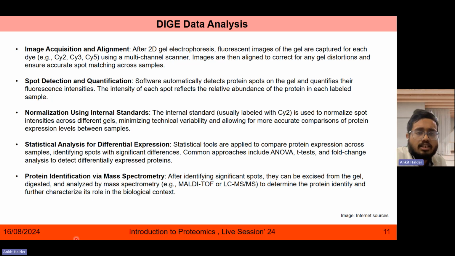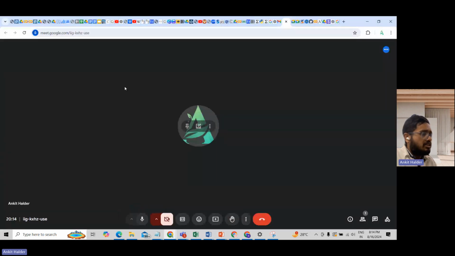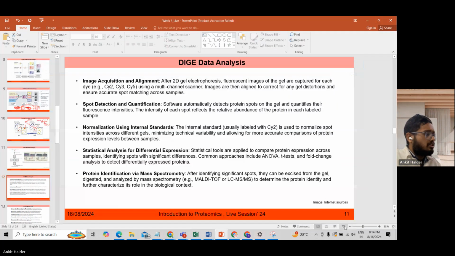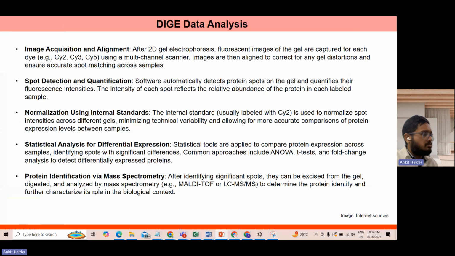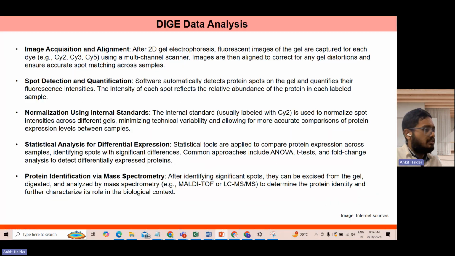Next is the statistical analysis for differential expression. After that, some basic statistics will help us understand which particular proteins are significantly altered and which ones are not.